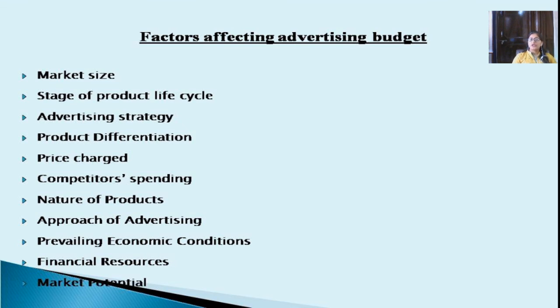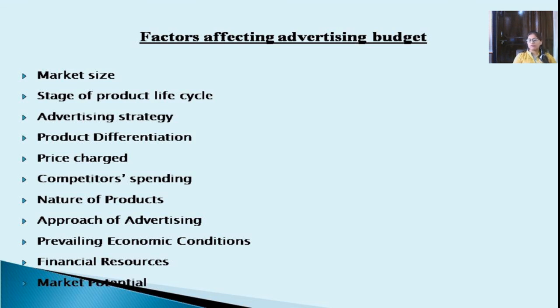Then is financial resources of the company. Does the company have viable resources or not? Whether the company is going for a loan to launch their product, or they have viable resources. It depends upon the financial resources, or the company is going with the residual method.